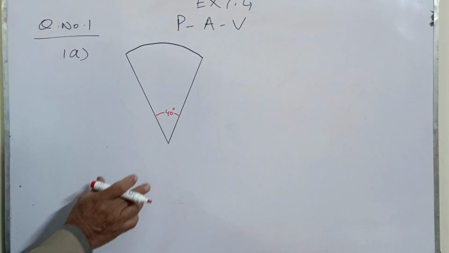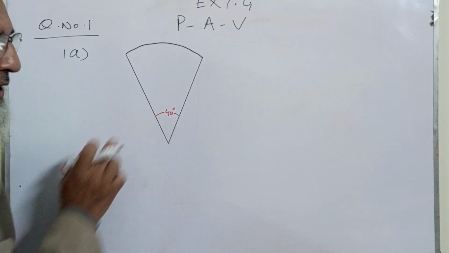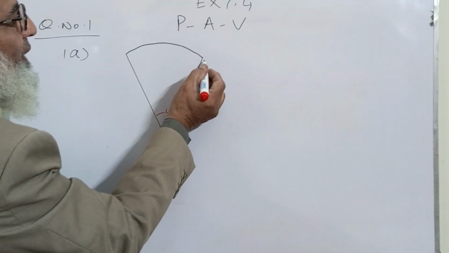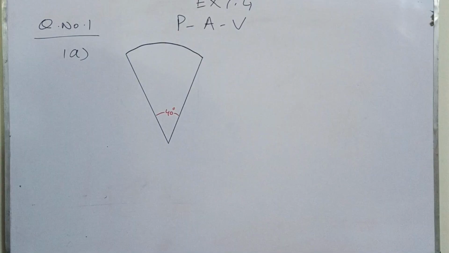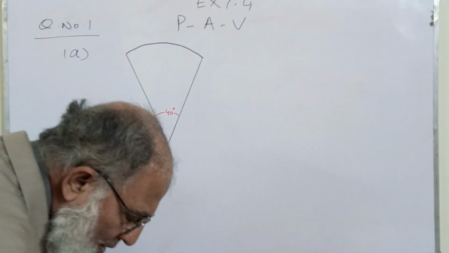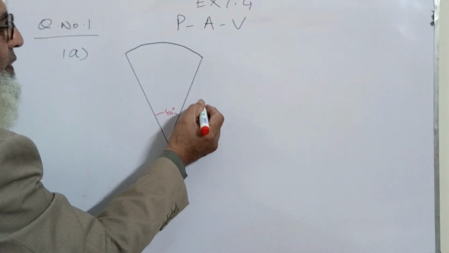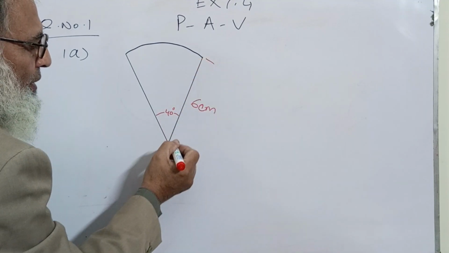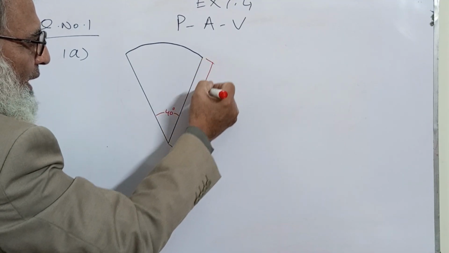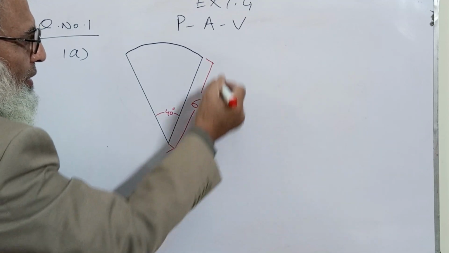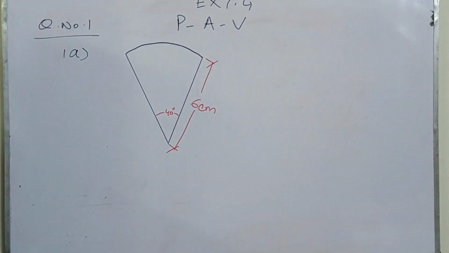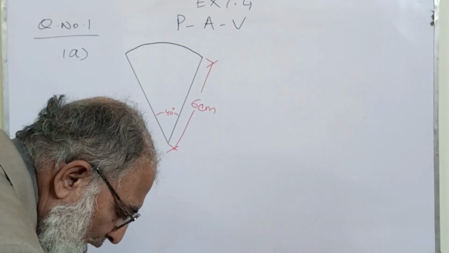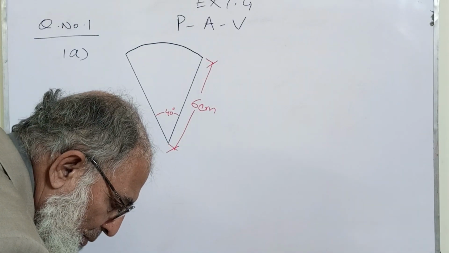A sector shape is given to you, and a 40-degree angle is given, and the radius. Yes, of course, this is the radius, and the radius is 6 centimeter, from here to here, like this.